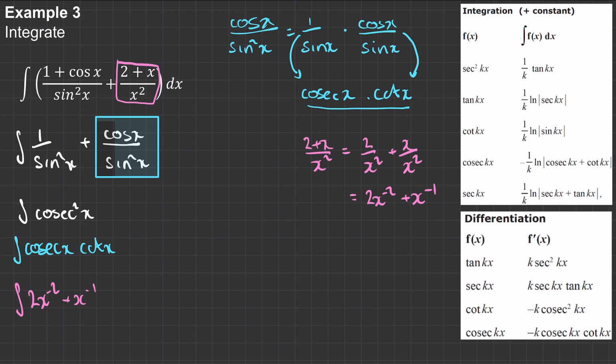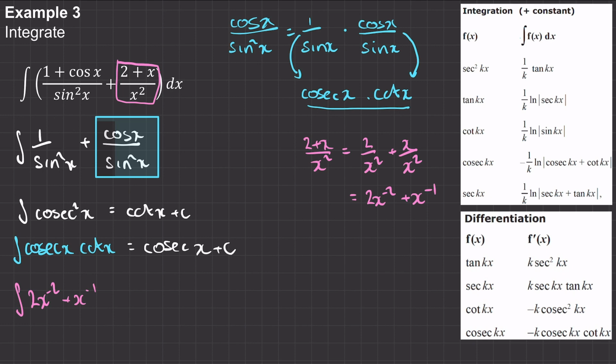So we can say this is equal to cot x plus c. And then cosec x cot x, again, doesn't appear in this list, but it does appear here. And this integral is cosec kx. Again, k is 1. So cosec x.